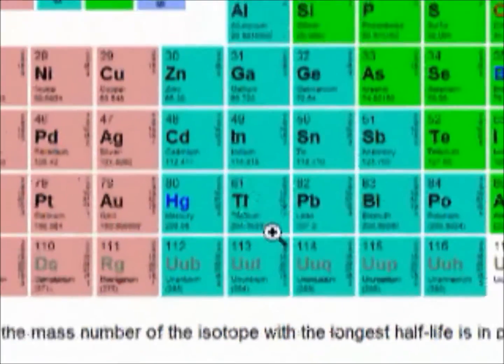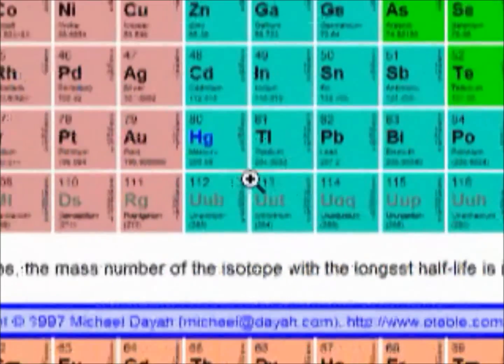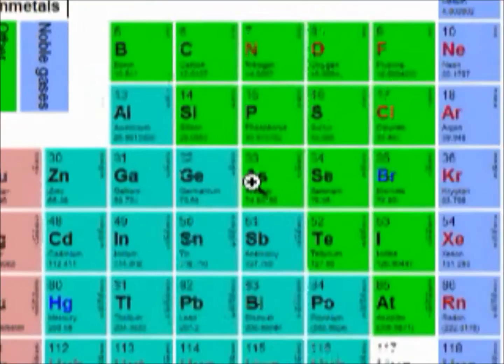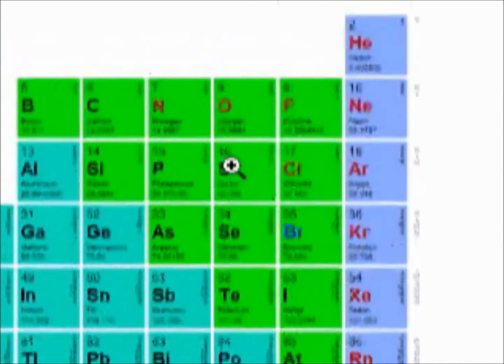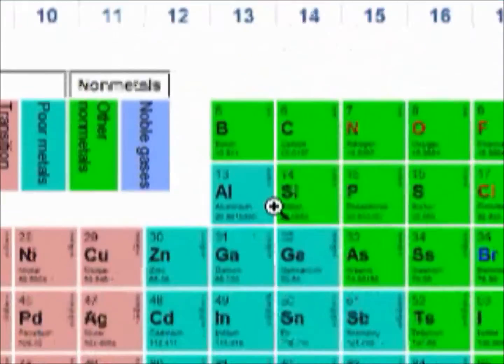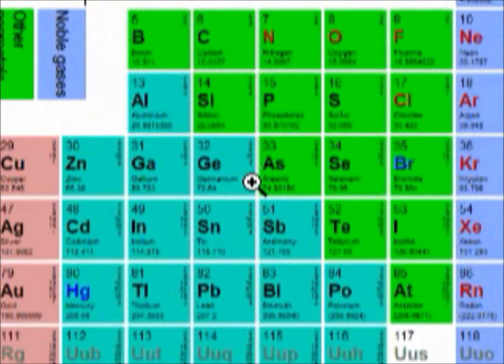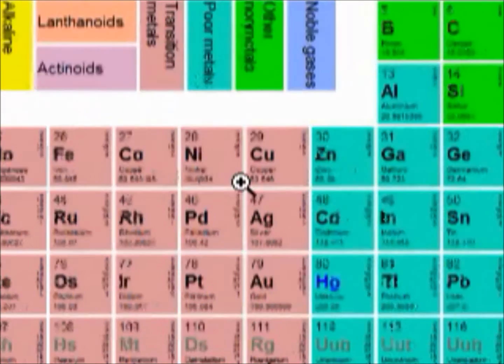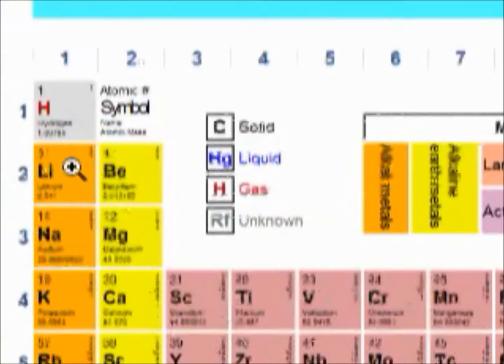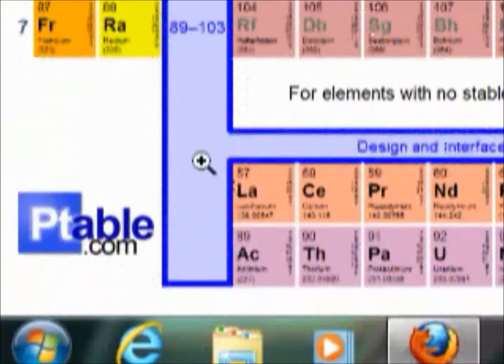And all of these in that light bluish color are post-transition metals, and the green is other metals, and all of the metals on the right side are metalloids.